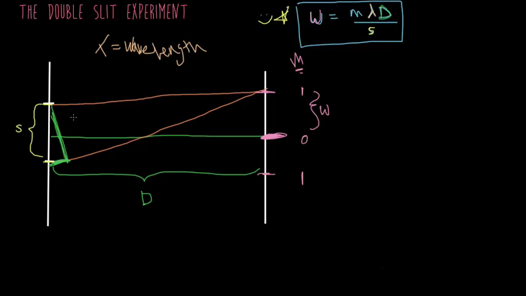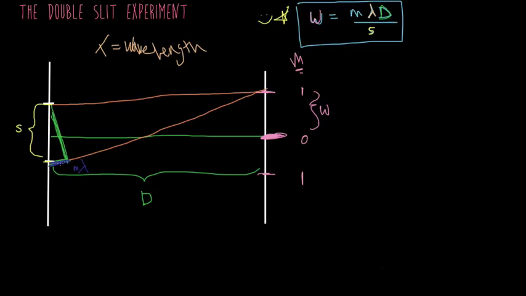They won't line up with both of the crests at the same place, and they won't be as bright as they would be at a place where they constructively interfere. So we know that this length here is m lambda, and m, coincidentally, is this m as well.